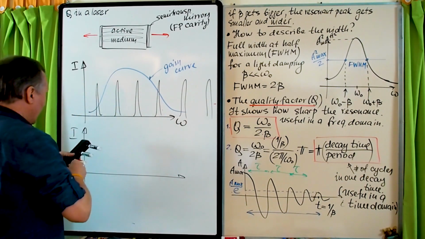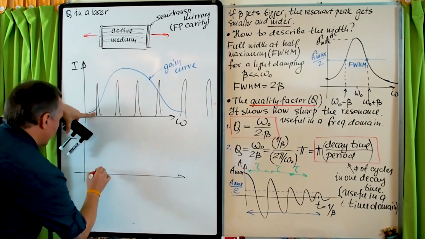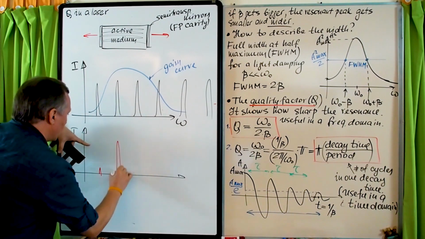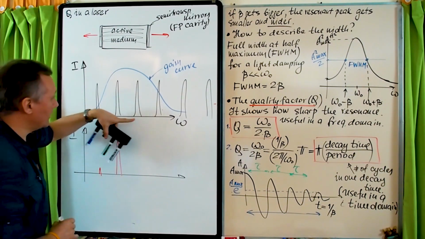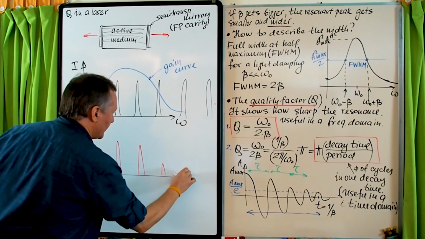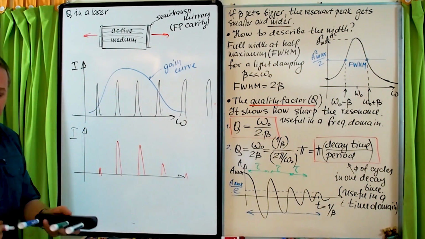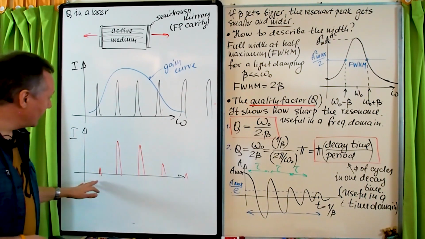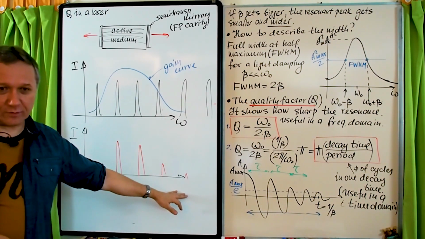You get a little bit of light at this frequency, then a significant amount at this one, then a little bit here, and maybe this. So the laser works in a multi-mode regime. These are the longitudinal modes of the laser.